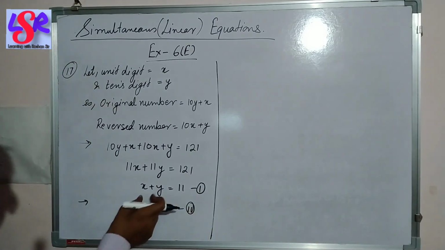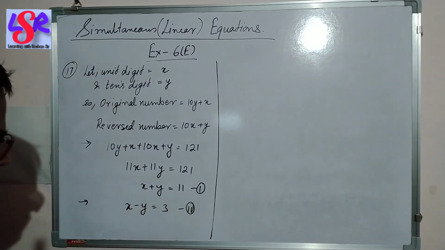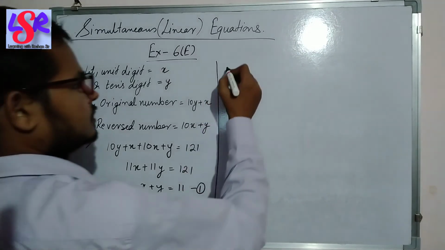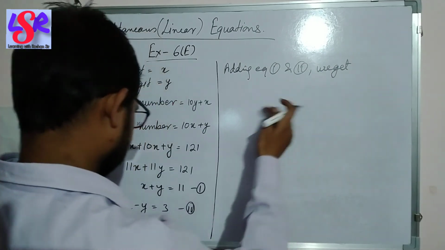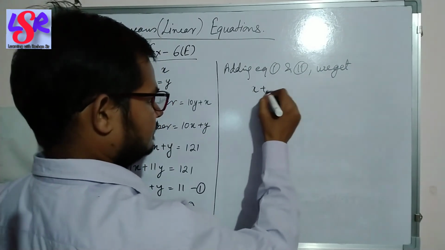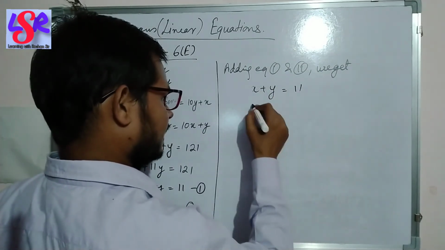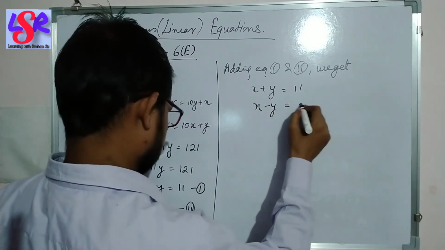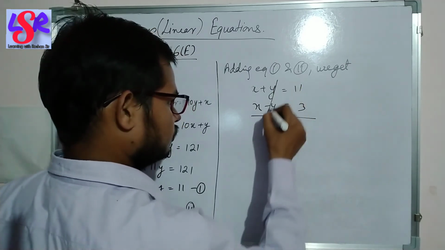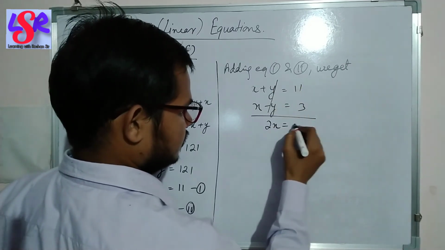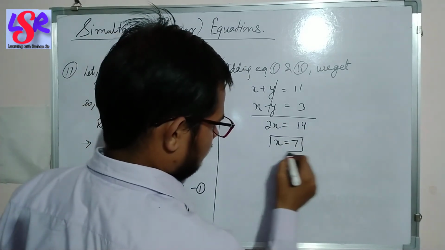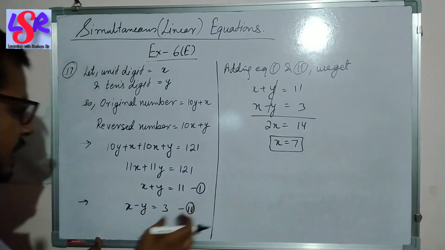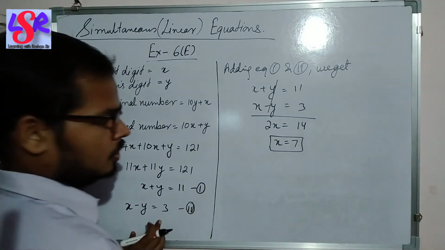Now we can add both of the equations to get the value of x or y. So adding equation 1 and 2, we get x plus y equals 11 and x minus y equals 3. The y terms will cancel out, so 2x equals 14 and x equals 7. Now place the value of x in equation number 1 or 2.